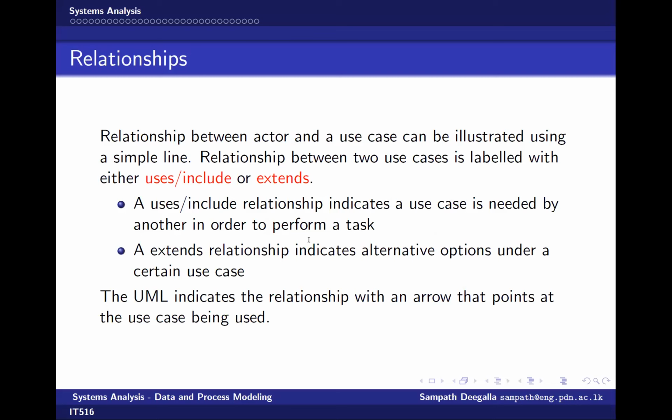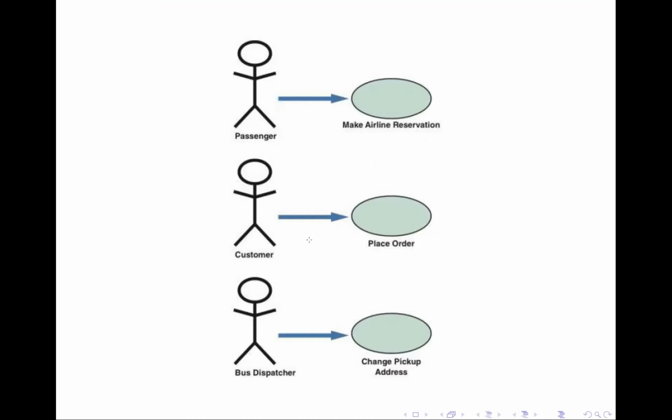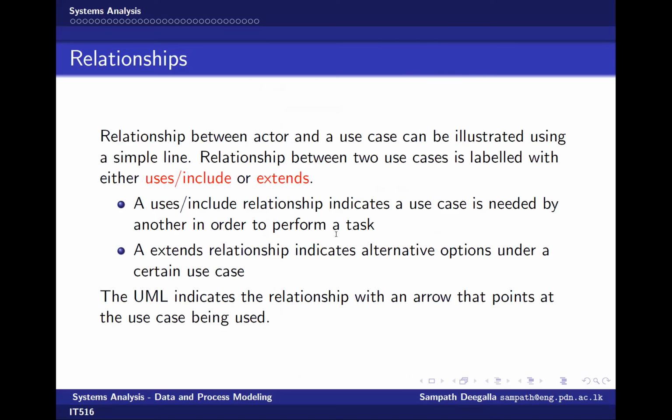Right. Now, when it comes to relationships between actors and use cases, we represent them using a line. And these relationships can also be used with uses, includes, or extends, right?